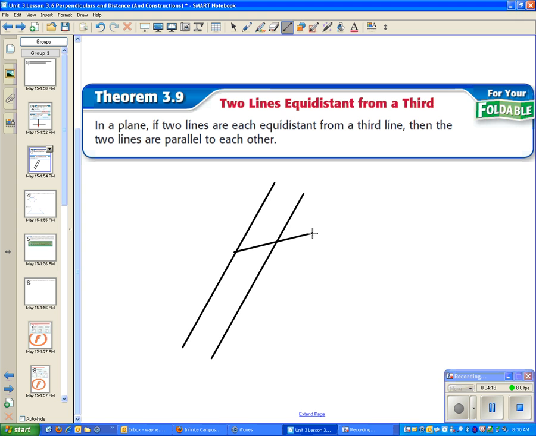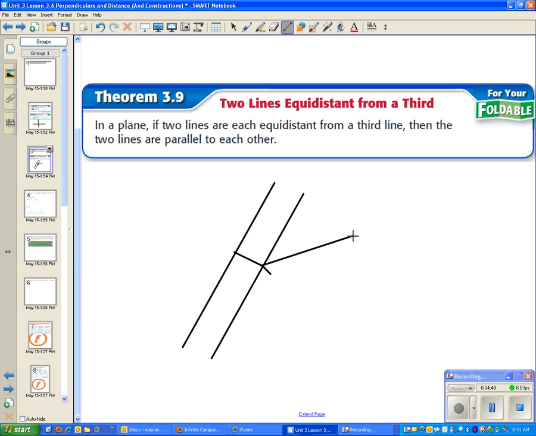Would I want to lay the ruler down like that to measure the distance? No, I want to try to get it so that it's perpendicular. And since the lines are parallel, if I make that transversal perpendicular to one of the parallel lines, isn't it automatically perpendicular to the other one? Yeah. So you have to have that little segment there that's perpendicular to both of them. And that's the distance between those parallel lines.